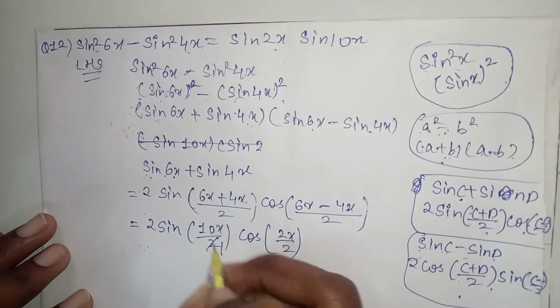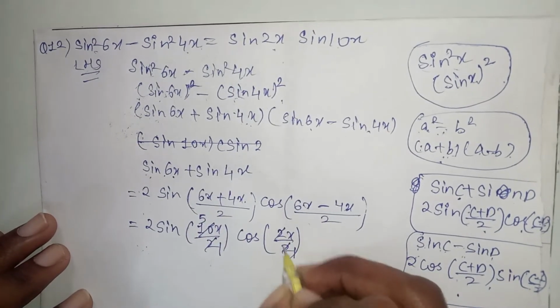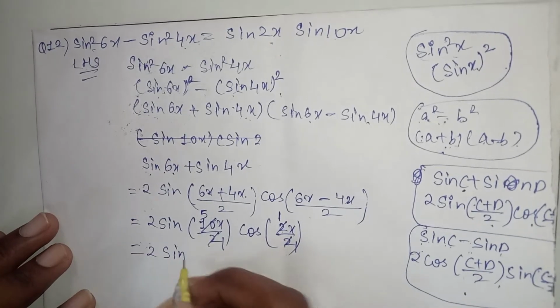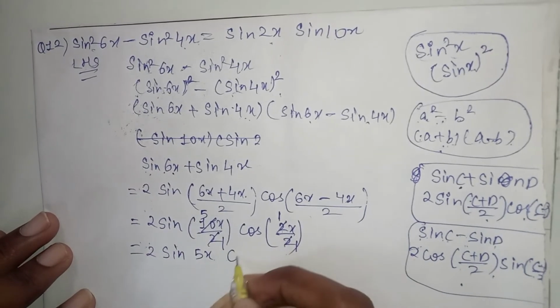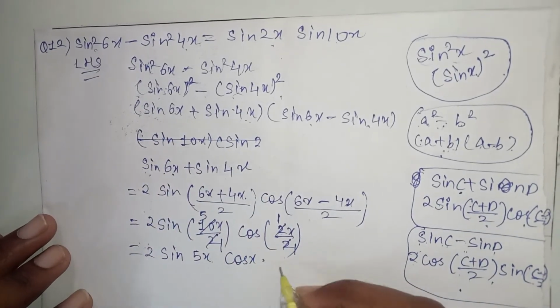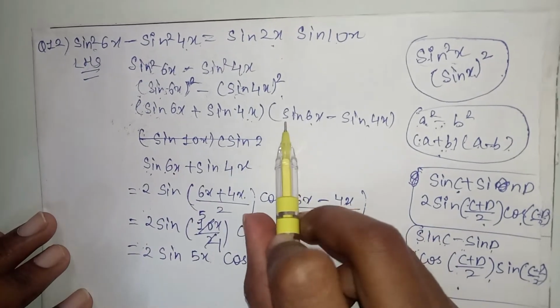So when you cancel, 2 ones are 2, 2 fives are 10, so both are same, we can cancel. So 2 sine 5x cos x. By solving this we got this one. Okay, let us keep this as first equation and let us solve the next one.